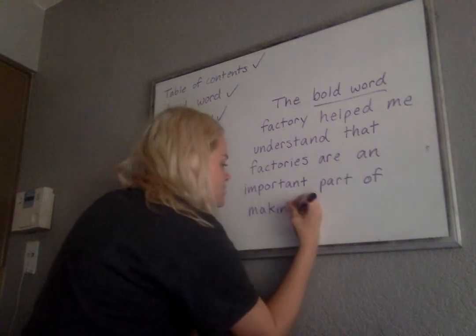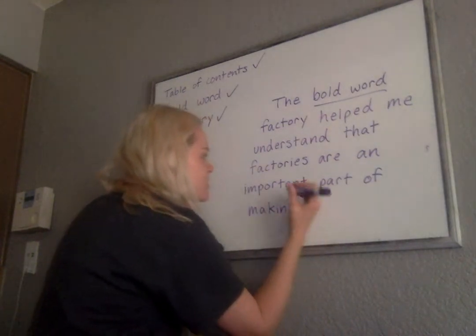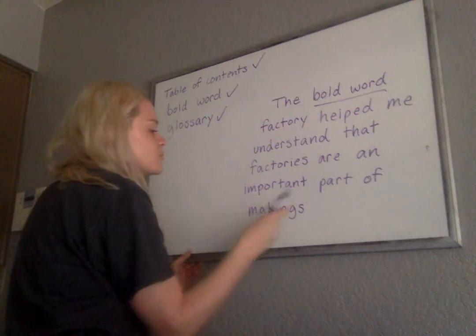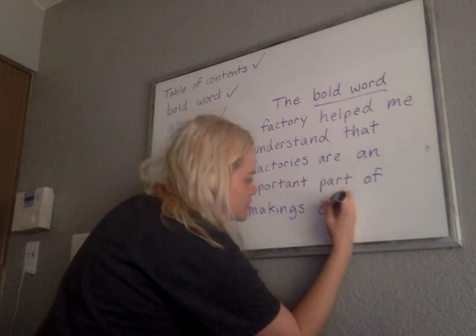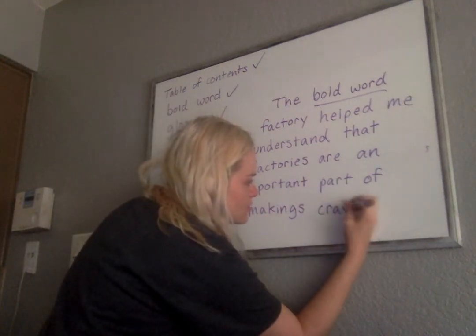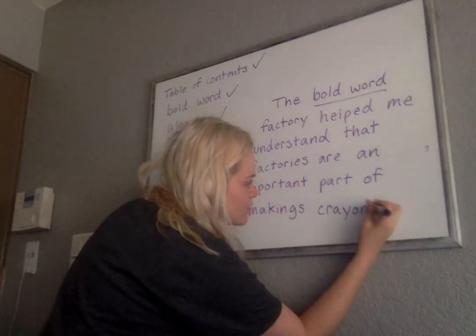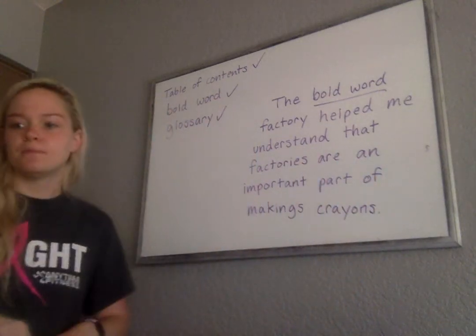Uh-oh, my marker's getting yucky. Because you can't make your crowns. Well, I guess you could probably make them at home. But factories tend to make a lot of them for people. So they're pretty important. And that's kind of the point of the book. Okay?